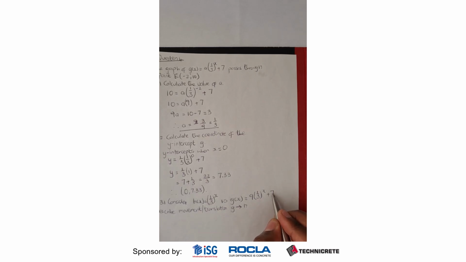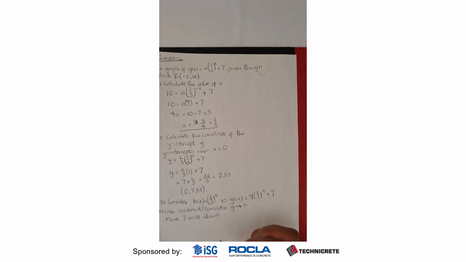We have that 7 there. So in order for us to remove the 7, this is a translation either up or down, but to remove it, we have to minus the 7 so that the plus 7 and the minus 7 cancel out. Therefore, we have to move 7 units down.